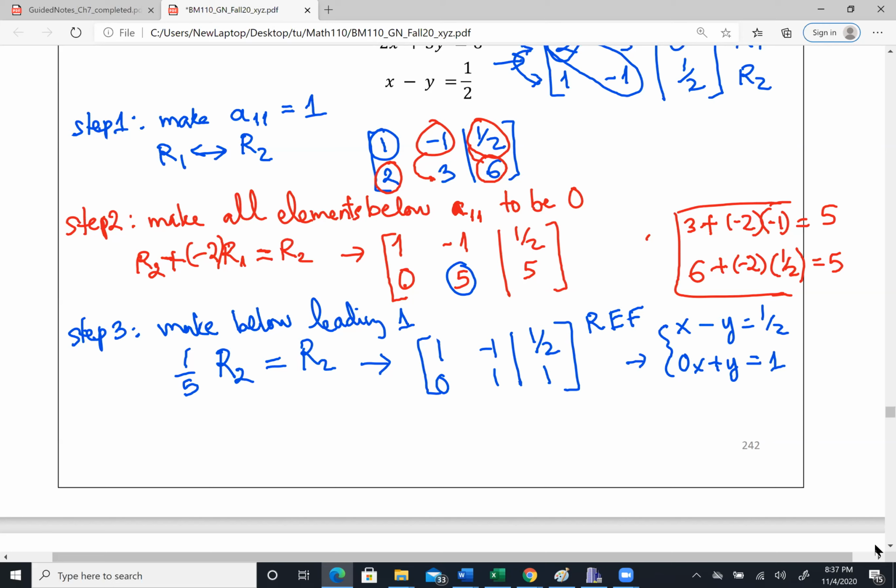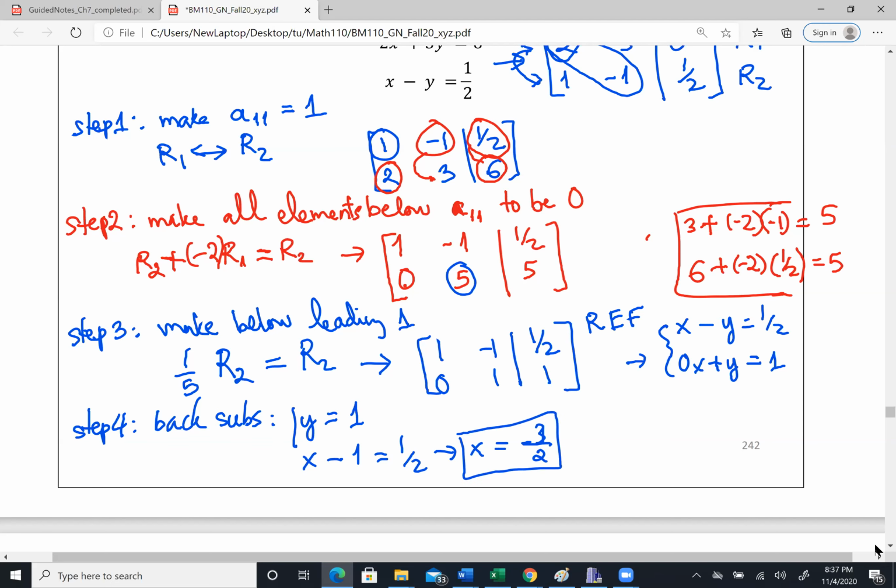So now you can easily use step 4, back substitution. You will use y equal to 1 and substitute back into the first equation. You have x minus 1 equal to 1/2, then x equals 3/2, because plus 1 on both sides gives 3/2.